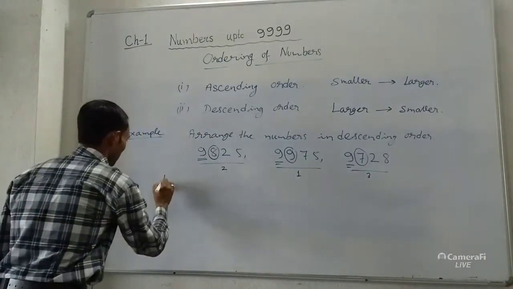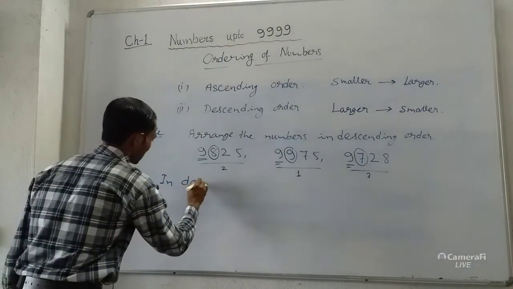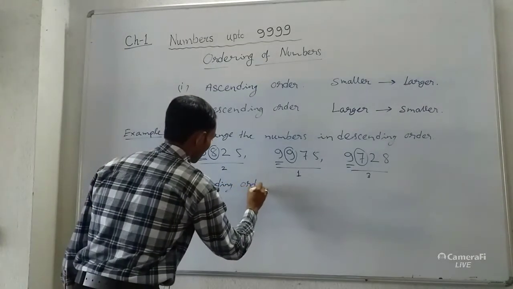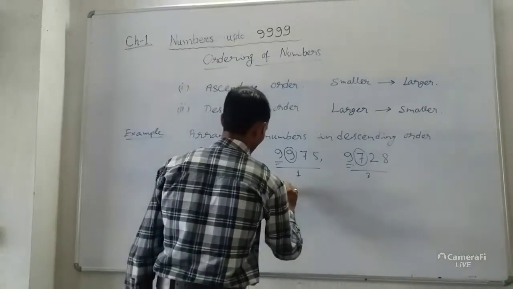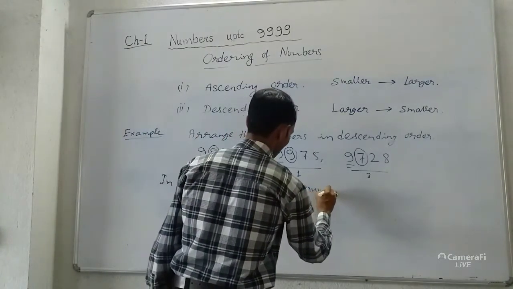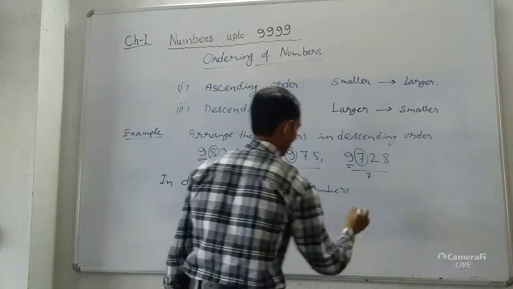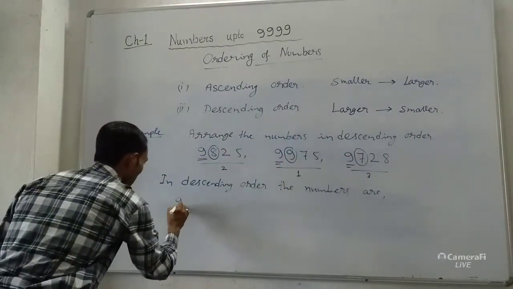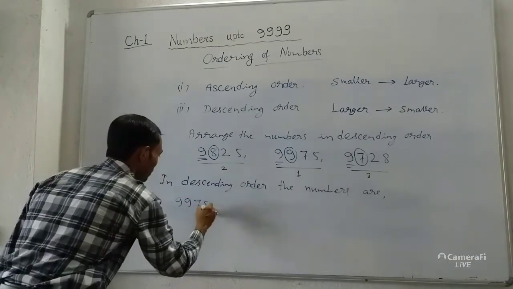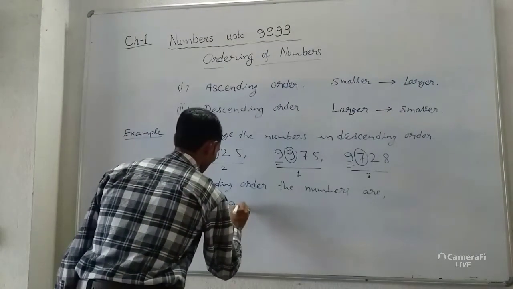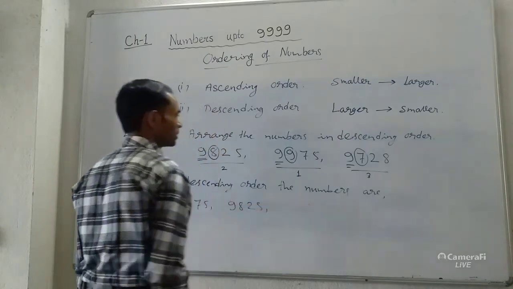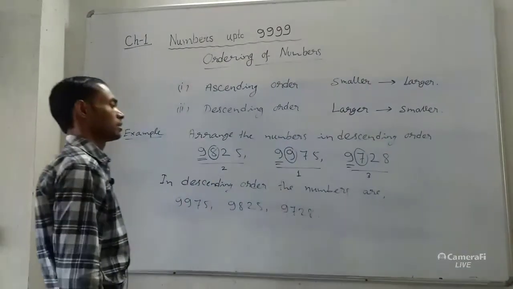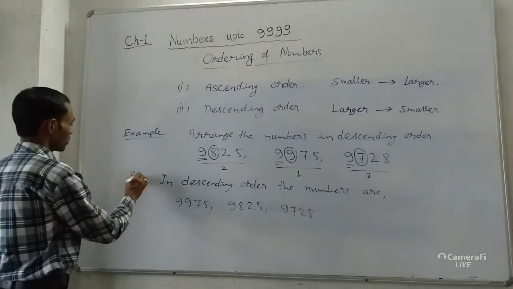So, in descending order the numbers are first this one, 9975, second is 9825, third one is 9728. So, this is the proper order.